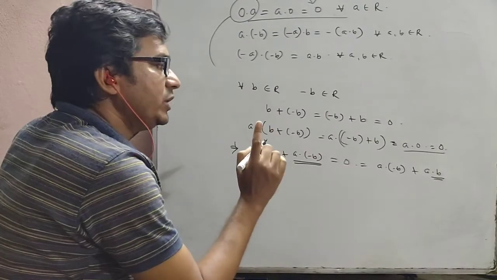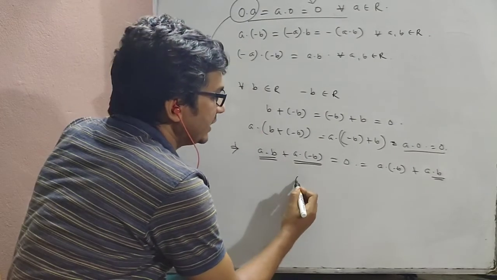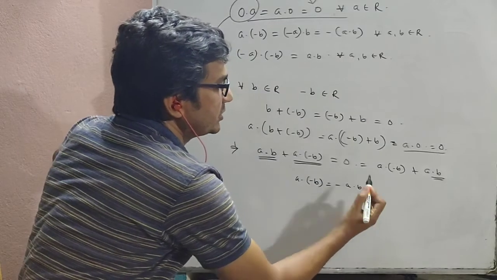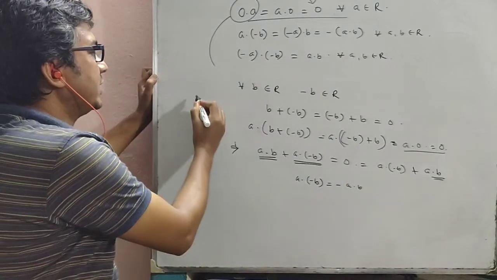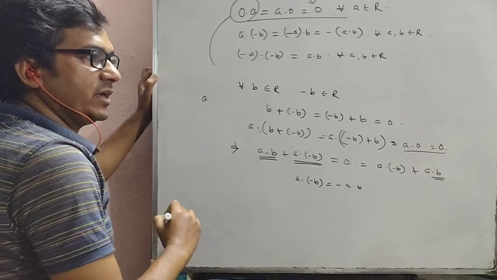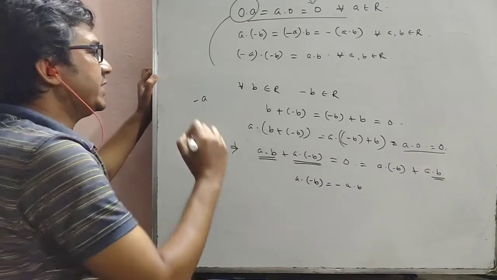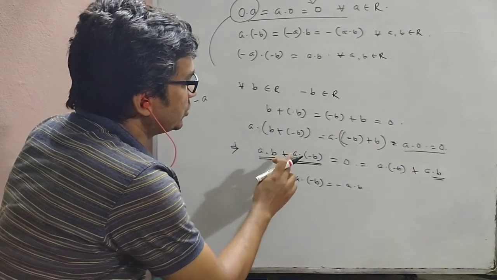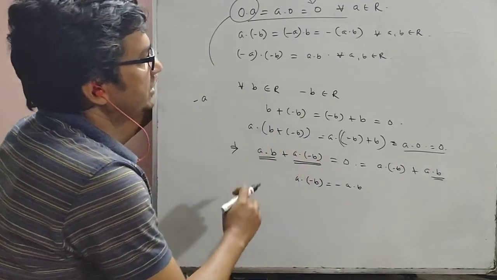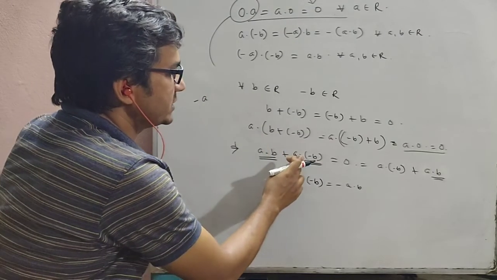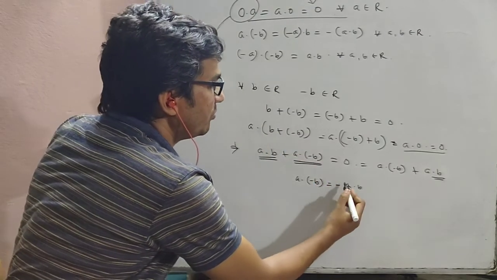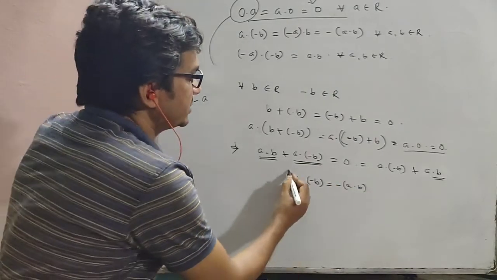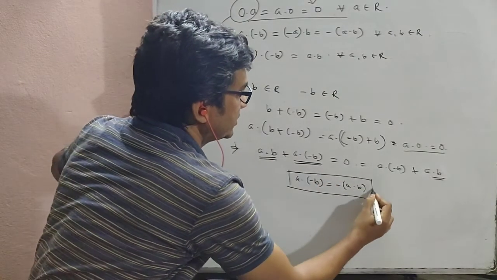So we must write a dot minus B equal to minus a dot B, because the inverse of A can be written as minus A. So the inverse of a dot minus B is also written as minus a dot B, and this is the proof of the second part.